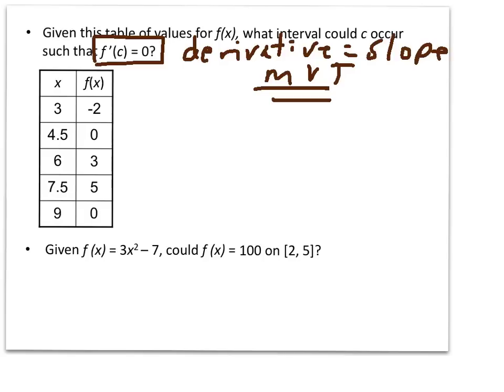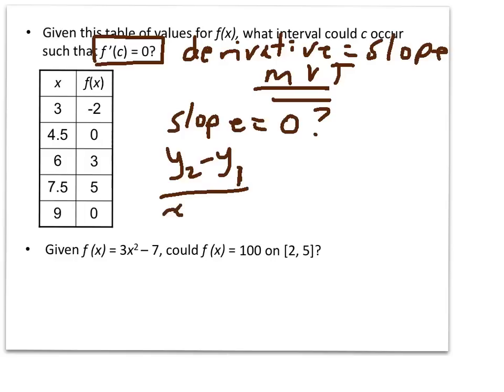So I want to find out where the derivative equals 0, which means I want to find out, is there a value in the interval where the slope equals 0? And remembering that slope is always y2 minus y1 over x2 minus x1, the only way that's going to happen is if the numerator is 0.